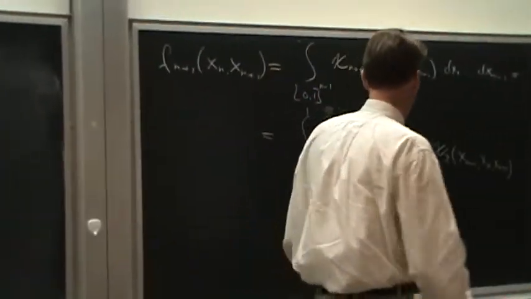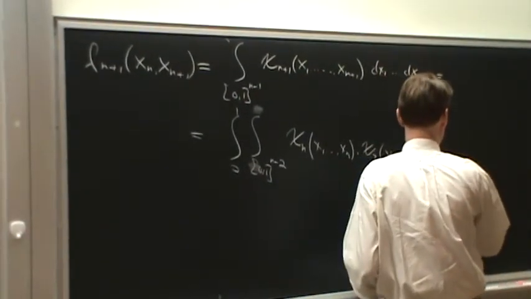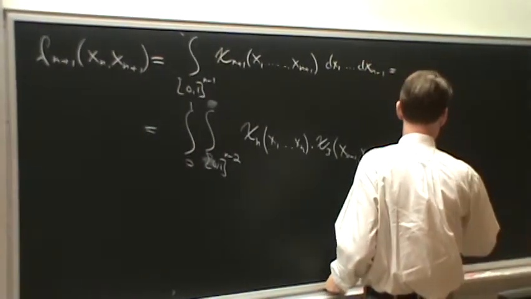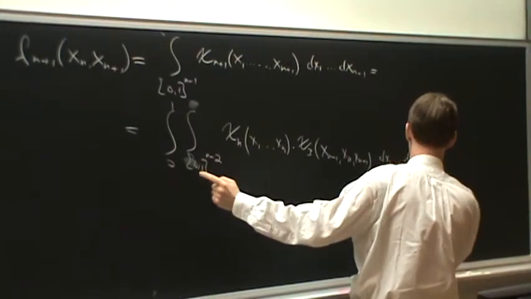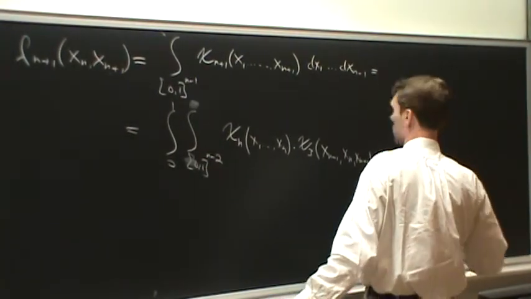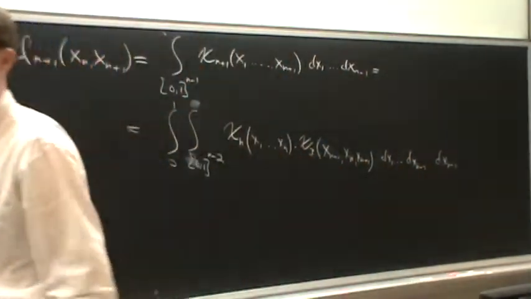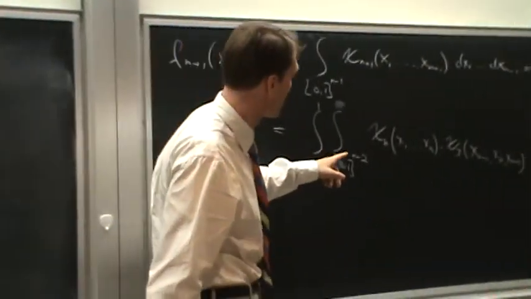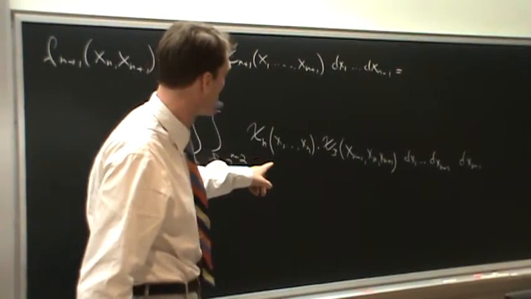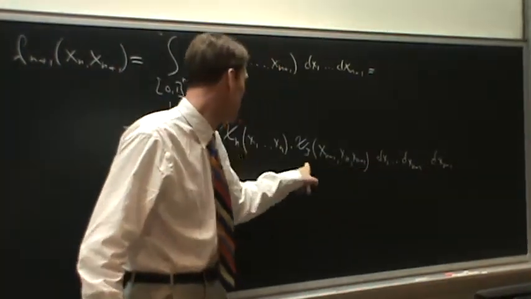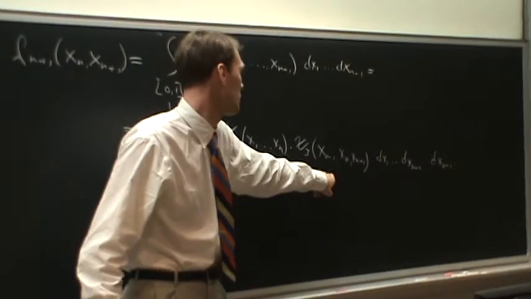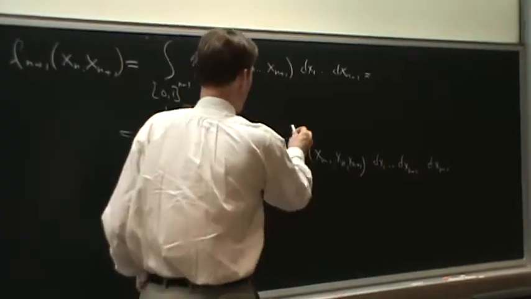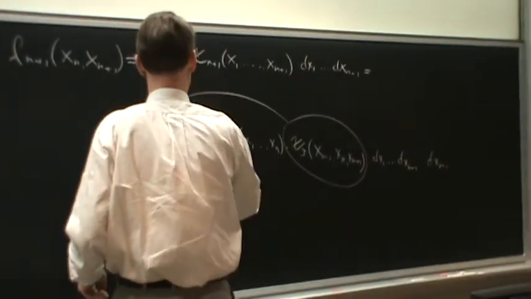And now we can integrate dx1 to dx(n-2), and finally dx(n-1). But now, the nice thing is that the variables occurring here in the function of three variables are not integrated by the first n minus 2 variables. So this term goes in here.